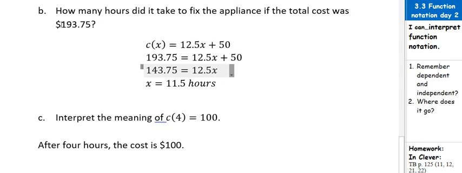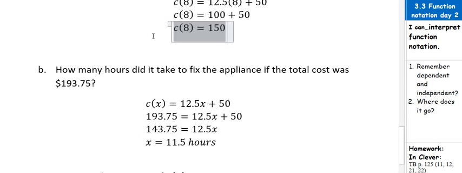So I put 193.75 into the output location. It's like that's a y value. So we plugged it in and then we solved for x to get 11.5 hours. It's also nice to know that we're definitely looking for the x when it asks how many hours.